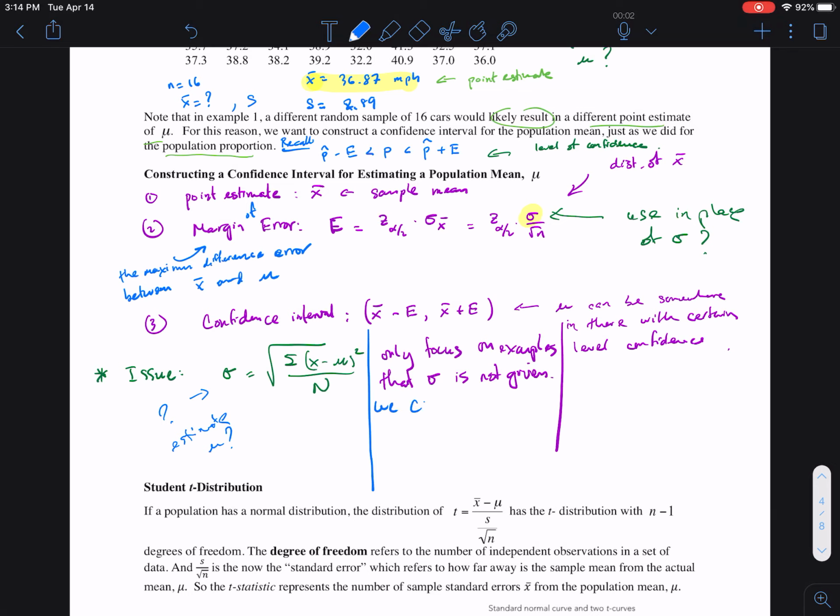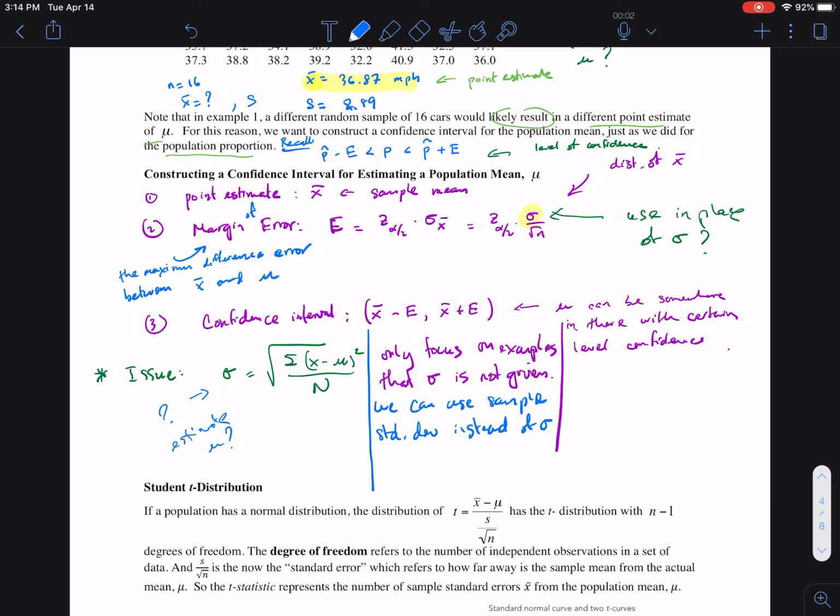So we can use the sample standard deviation instead of sigma. But the problem with that is it's not quite the same value, so there's some sort of error, some sort of uncertainty there. And that's what comes with stats: we use statistics to estimate things and make choices.